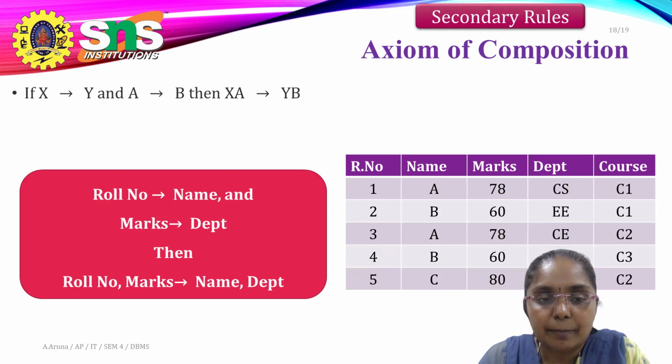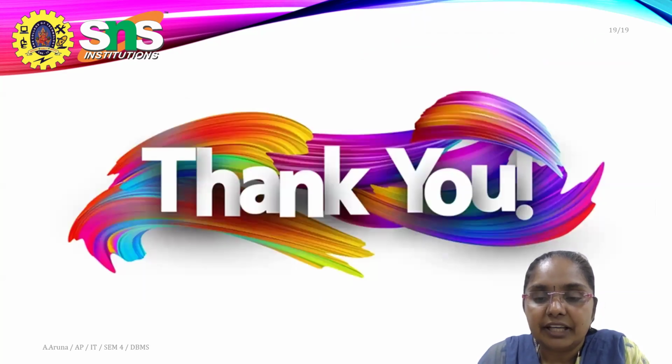Then I can say roll number and marks determine name and department. This type of thing we call the axiom of composition. So these are the various primary and secondary rules. By using the primary rules, we can easily prove the secondary rules. Thank you for watching my video.